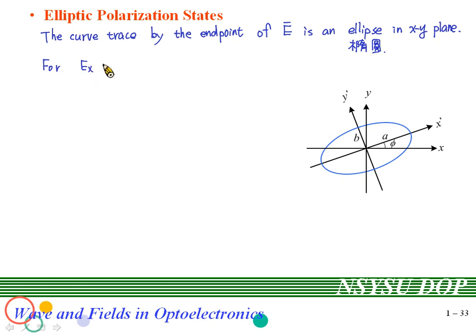The Ex component can be written as A sub x cosine of omega t plus kz plus delta sub x. And for the y component, it will be A sub y cosine of omega t plus kz plus delta sub y. After some mathematical arrangement, you can derive the following equation.